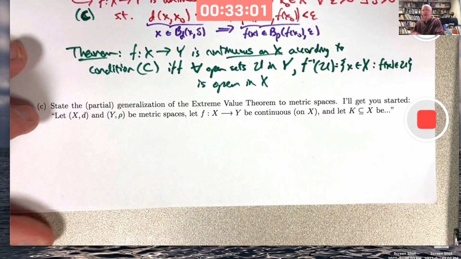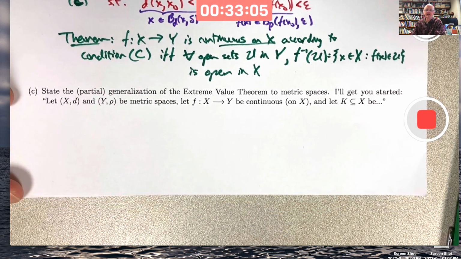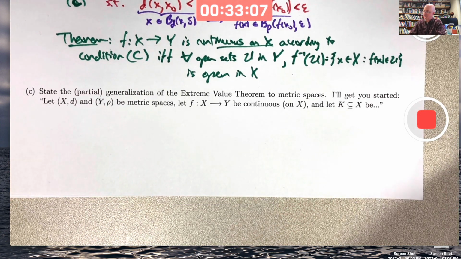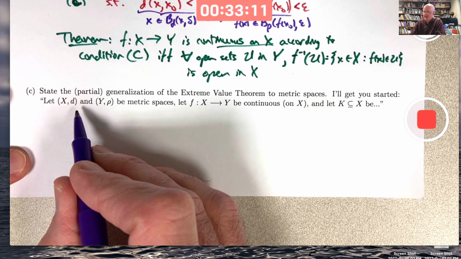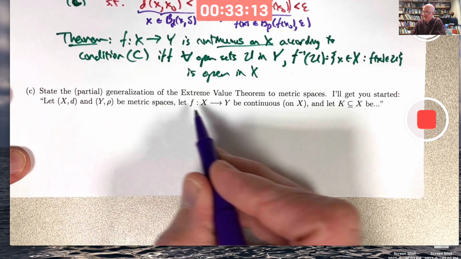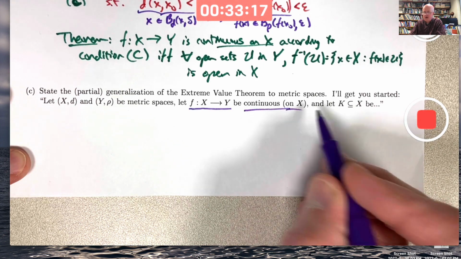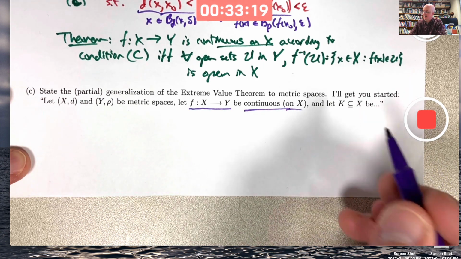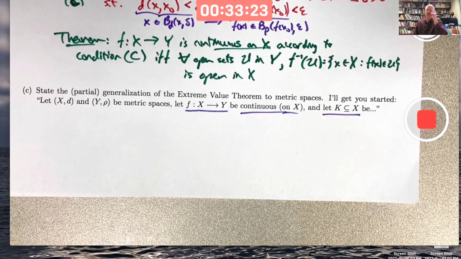Last statement here, and then we get to some examples and then to the proofs. State a partial generalization of the extreme value theorem to metric spaces. I'll get you started. Let (X, D) and (Y, rho) be metric spaces. Let little f be a continuous map, continuous on all of X. Let K be a subset of X. Be what? What's the extreme value theorem in calculus?